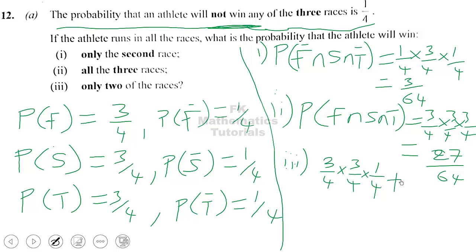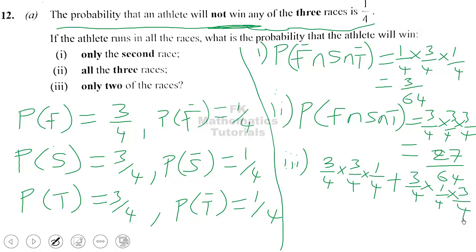Then another possibility is that he will win the first and the third one, but he will lose the second one. So 3/4 times 1 over 4 times 3 over 4.